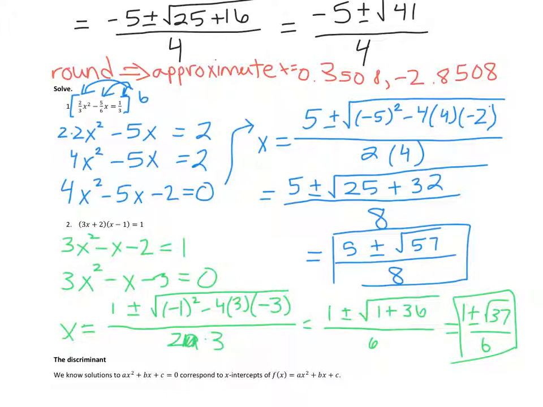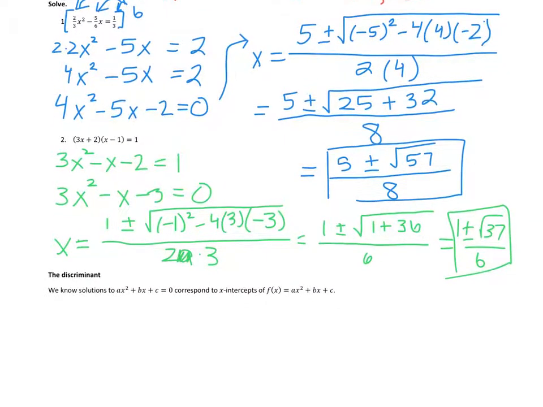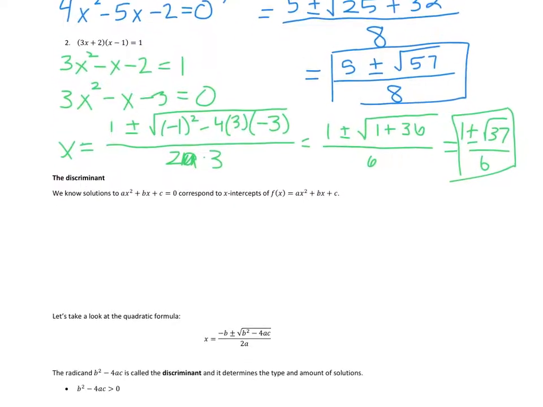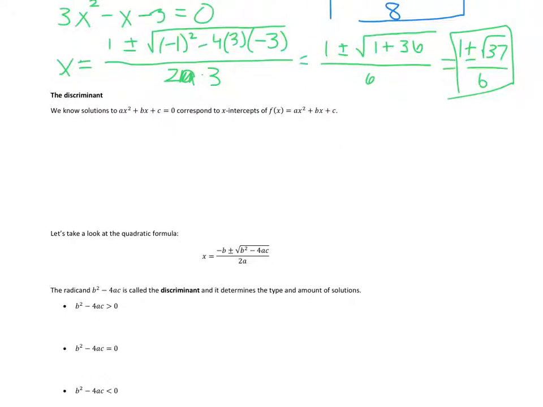Okay, so let's come down and talk about the discriminant now. So first of all, we know that the solutions to ax squared plus bx plus c equals 0 correspond to the x-intercepts of ax squared plus bx plus c.